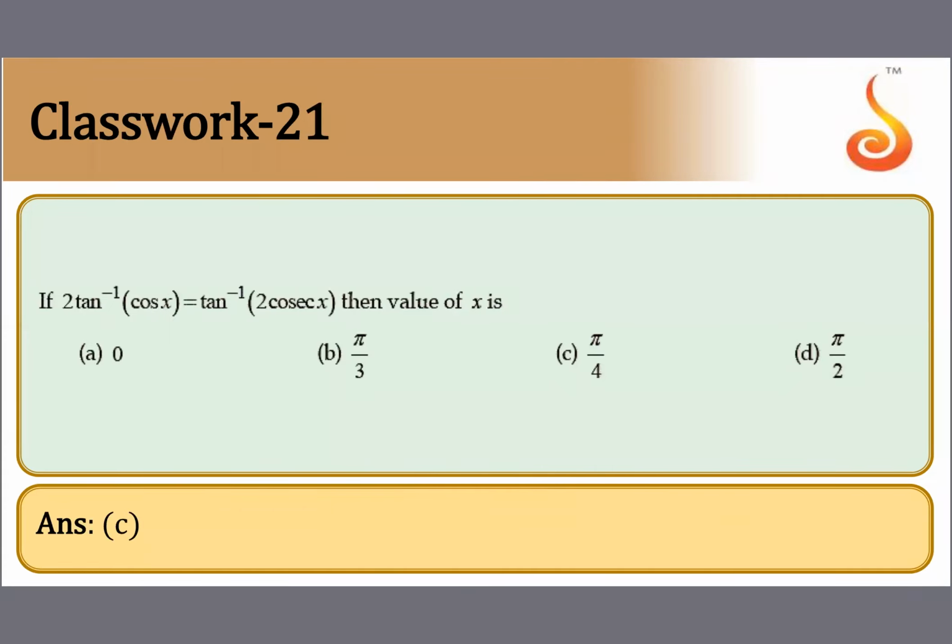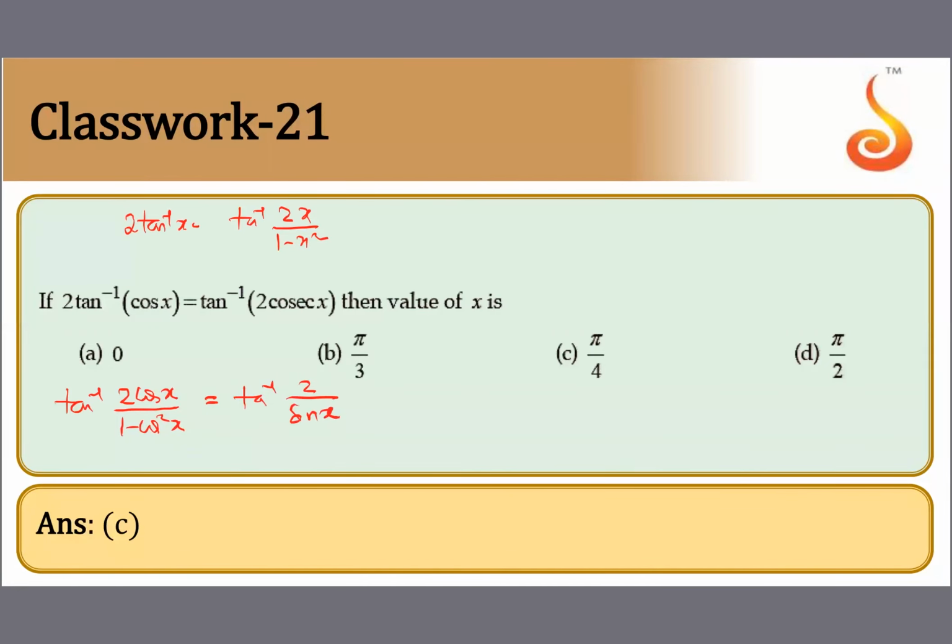This one. 2 tan inverse x is equal to tan inverse of 1 minus x square. Yes, this type of questions are coming. This will give you tan inverse 2 cos x by (1 minus cos square x) equal to tan inverse 2 by sin x.